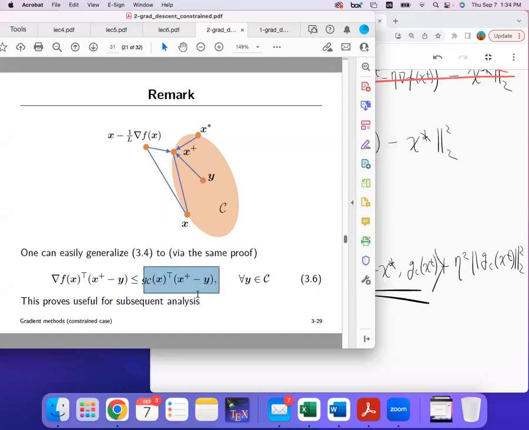And the right-hand side replaces the gradient by the generalized gradient. This inequality says the left-hand side is always less than or equal to the right-hand side.